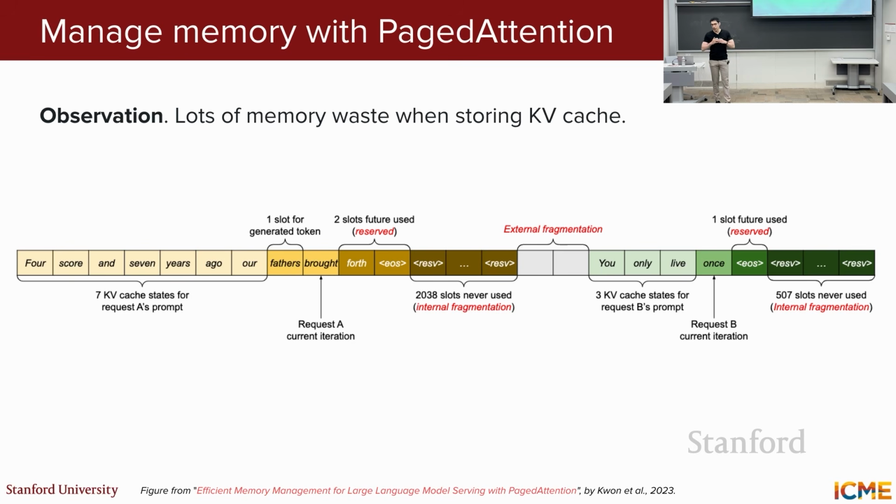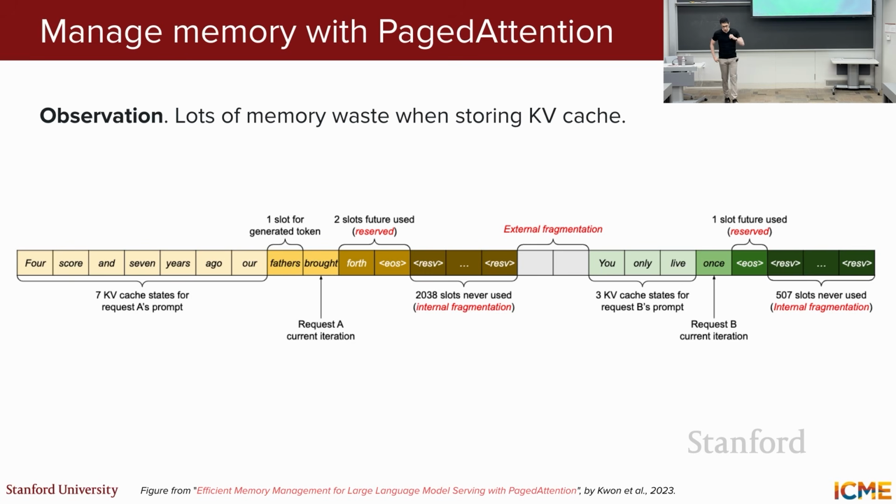A naive way of storing the key and value matrices would be reserving a portion of the memory at the beginning that corresponds to the entire context length, because you don't know where you're going to stop. You stop your decoding when you hit the EOS token. So you would have this whole block of maximum context length reserved.